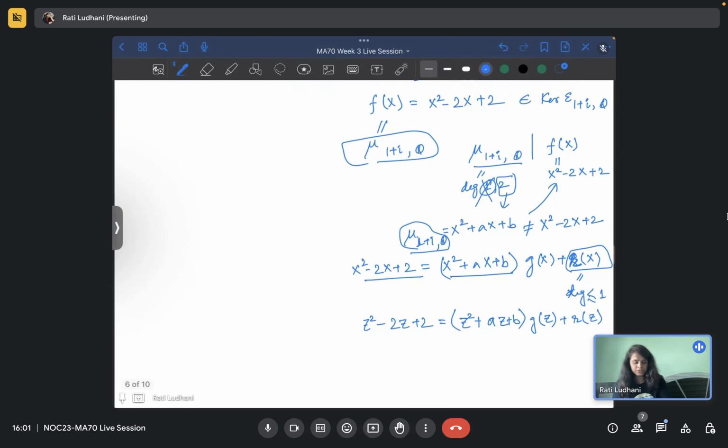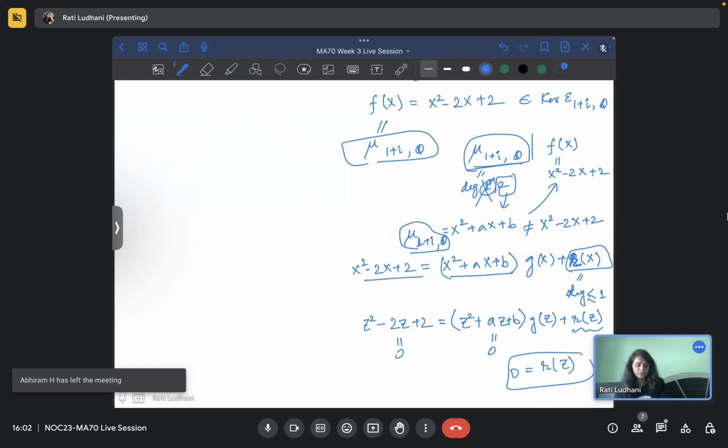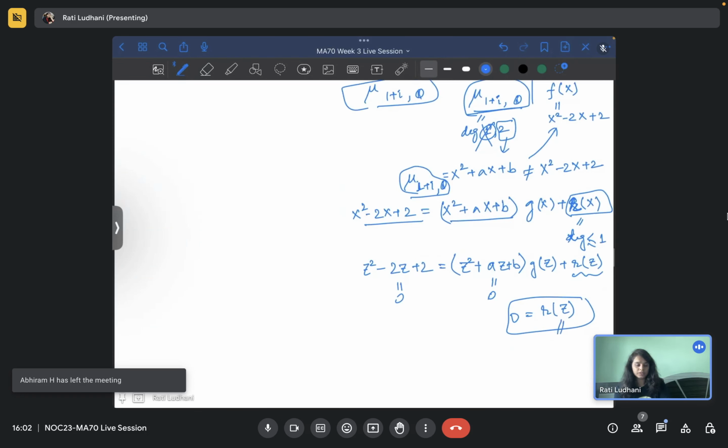So when I put z here, that will become 0, because mu is a minimal polynomial for 1 plus i. This is 0, so this has to be 0. So r of z has to be the 0 polynomial. This is of degree less than or equal to 1, and we already know this cannot be the case.